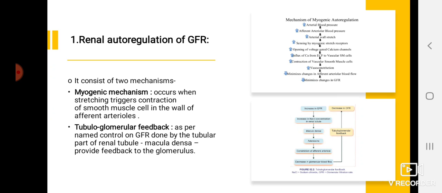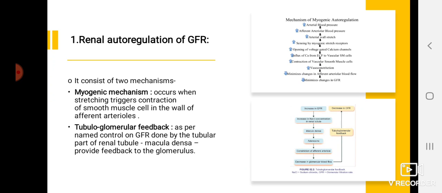First is the myogenic mechanism, and second is tubuloglomerular feedback. What is the meaning of this word myogenic? Myo means muscle and genic means producing. So this contraction is produced by muscles.